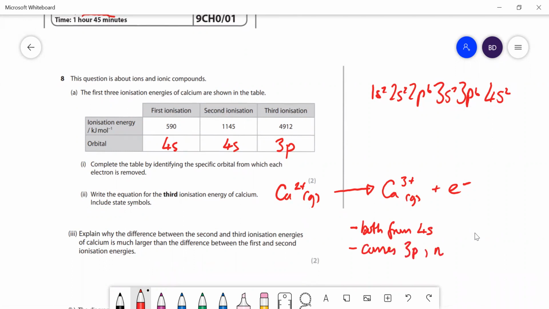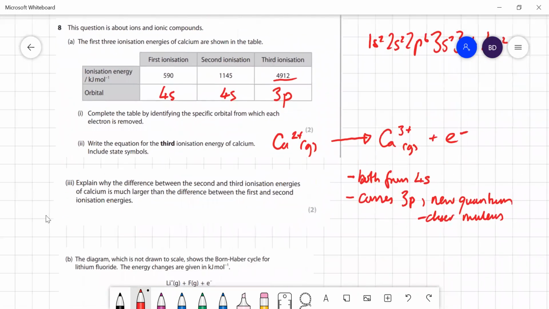It's a new quantum shell, I'd probably use that term. A different quantum shell, which is closer to the nucleus, so the attraction for the nucleus is a lot stronger. So you get a big increase, like 4 times higher than the 2nd. So it's important to name the orbitals which those electrons are coming from.